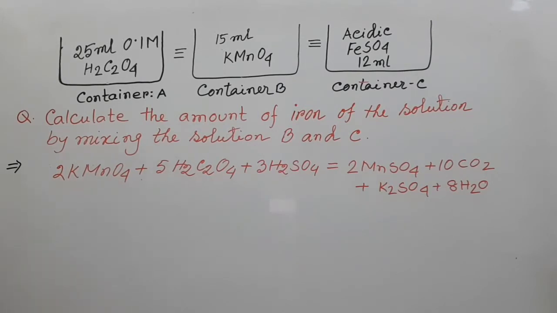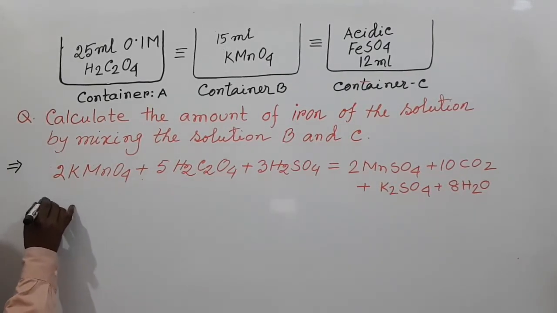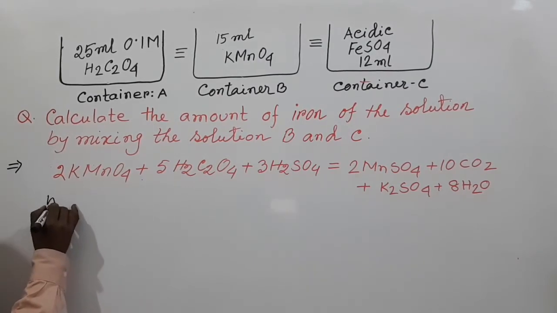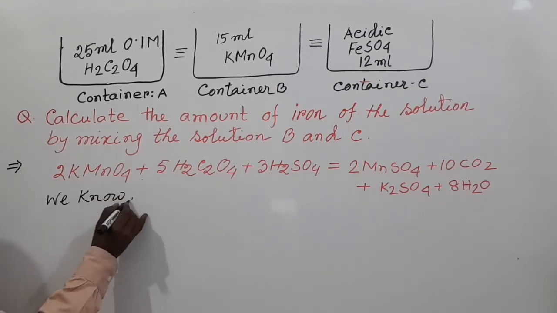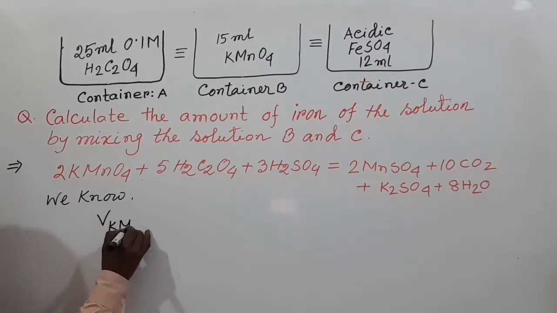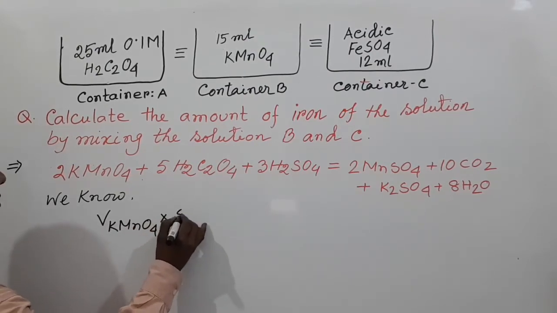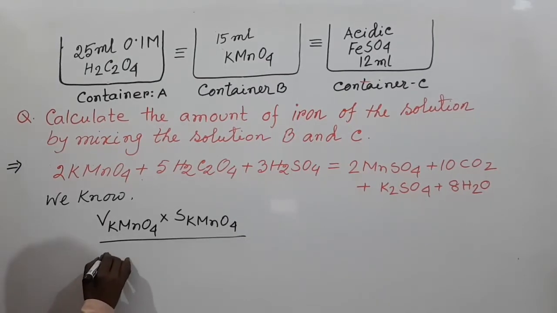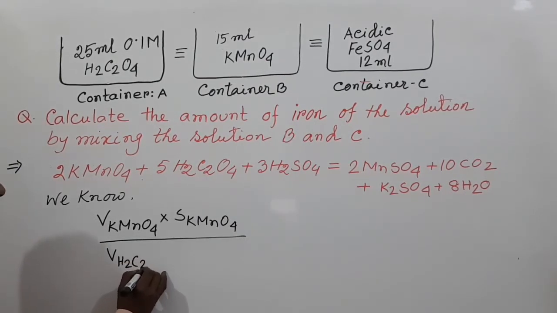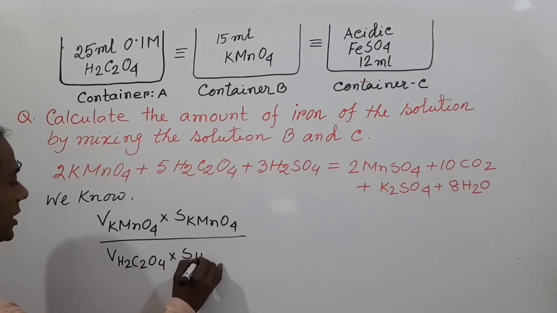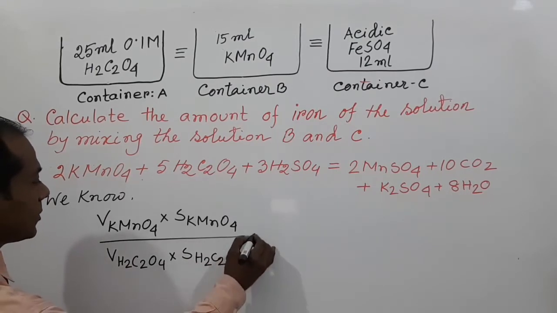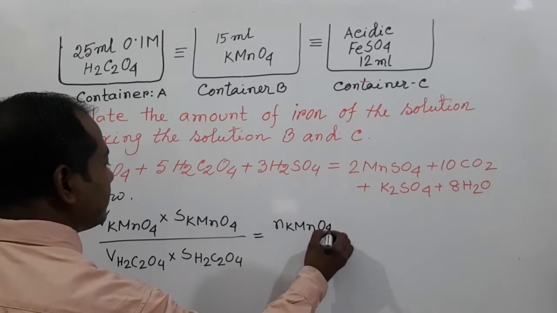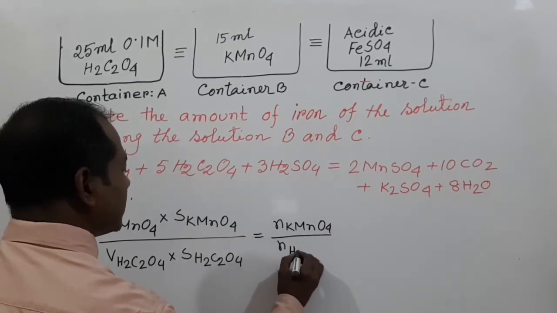According to this reaction, we can write: volume of potassium permanganate into concentration of potassium permanganate, divided by volume of oxalic acid into concentration of oxalic acid, equals mole number of potassium permanganate divided by mole number of oxalic acid.